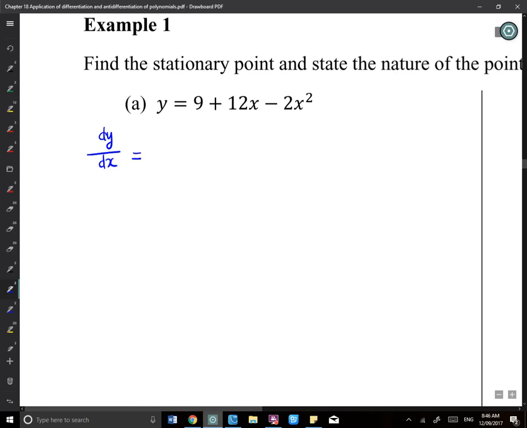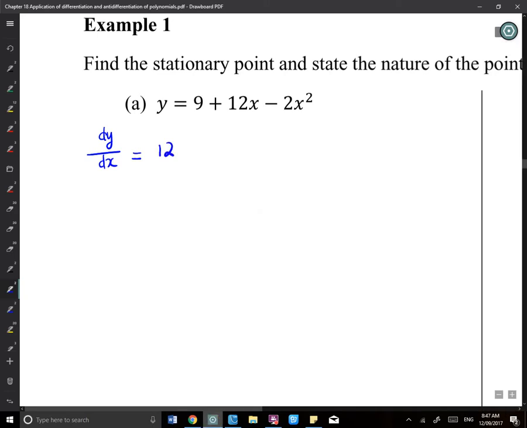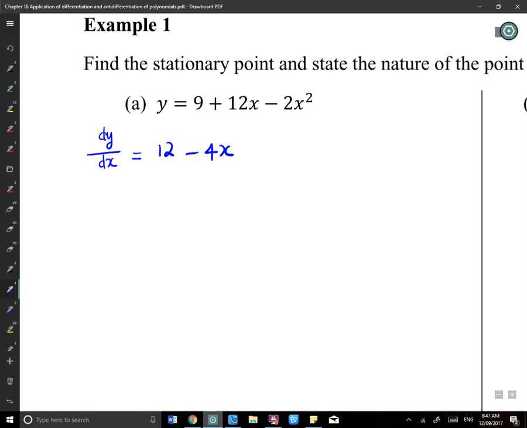So dy dx is 12 minus 4x. Okay, dy dx equals to 12 minus 4x.